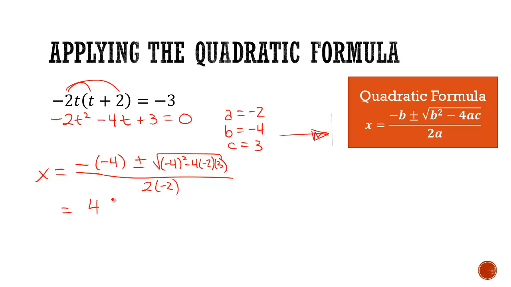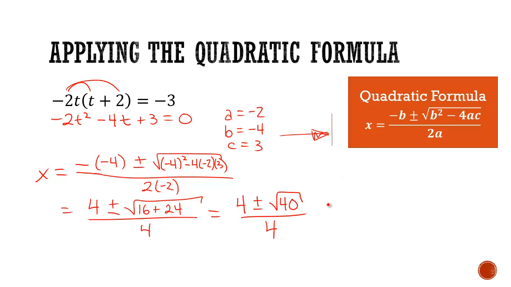So this is 4 plus or minus the square root of 16 plus 24 over 4, which gives us 4 plus or minus the square root of 40 over 4.